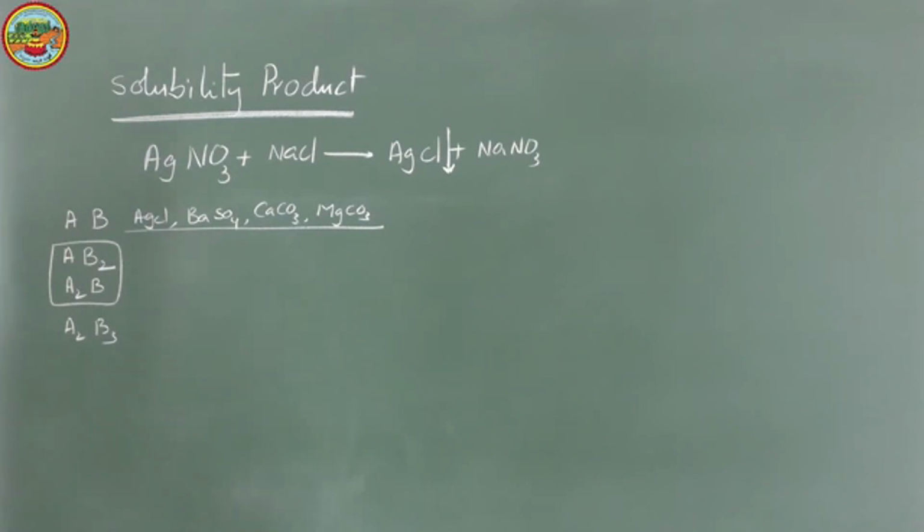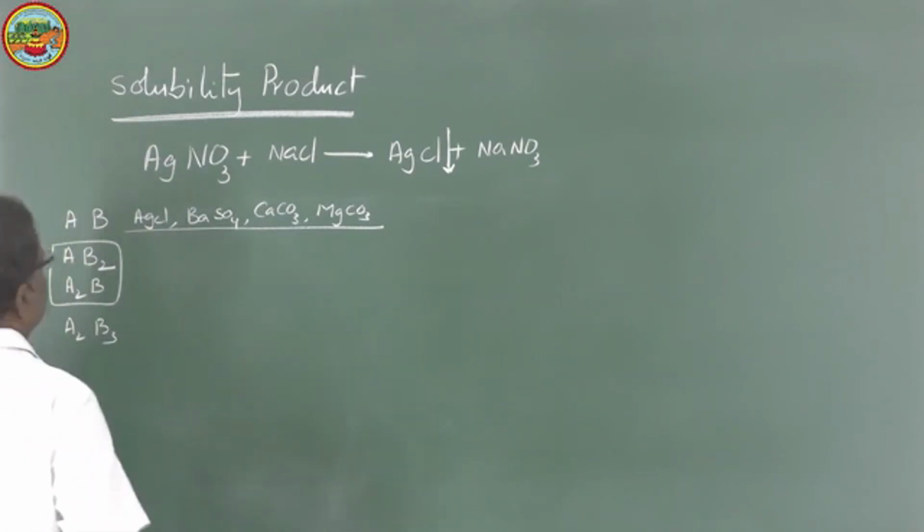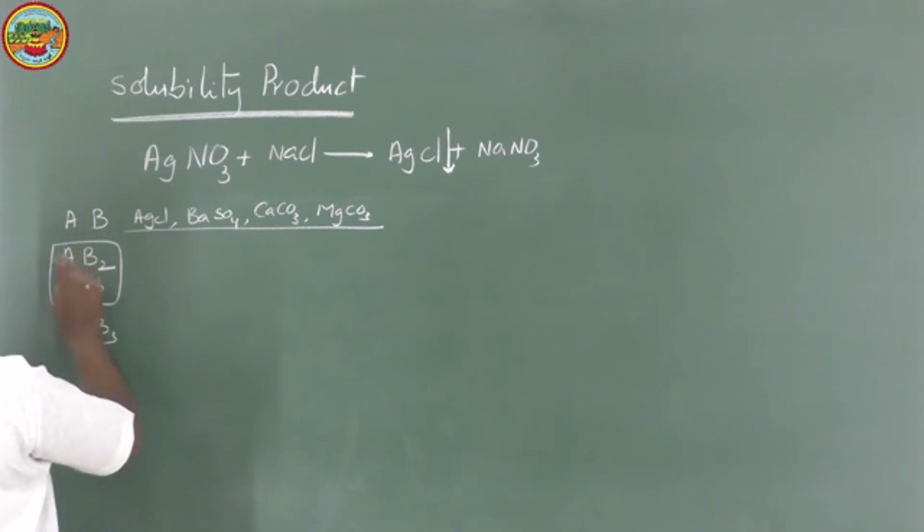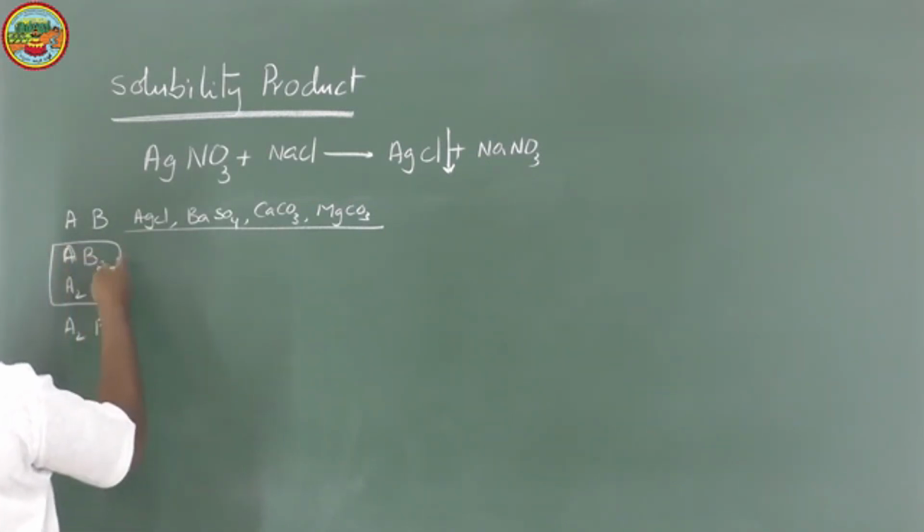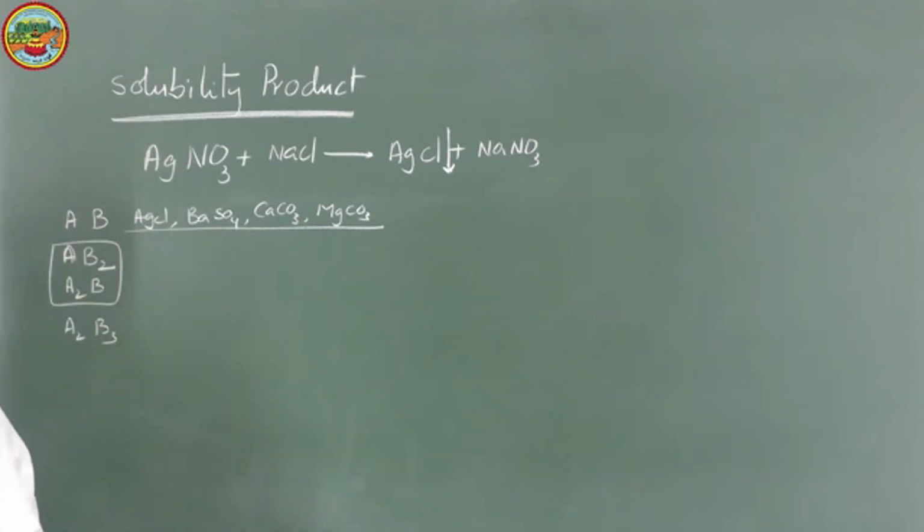A2B type salts: the cation is monovalent and the anion is divalent.